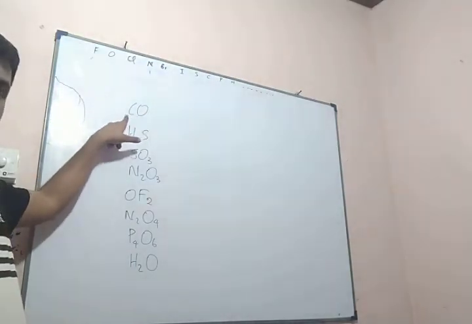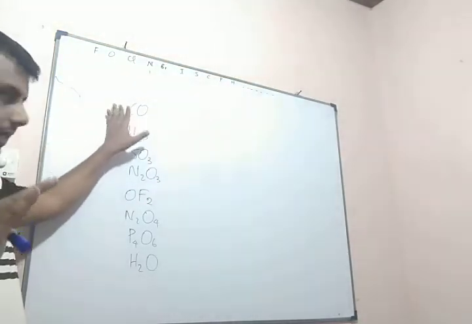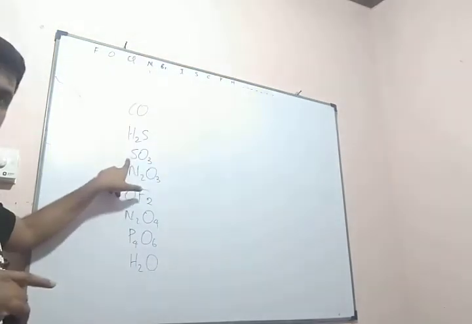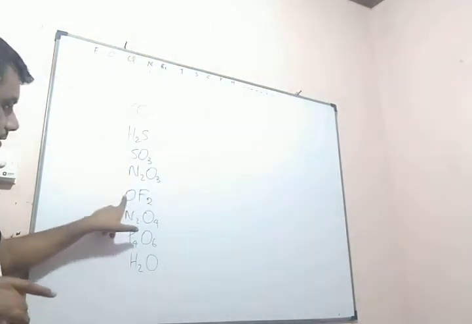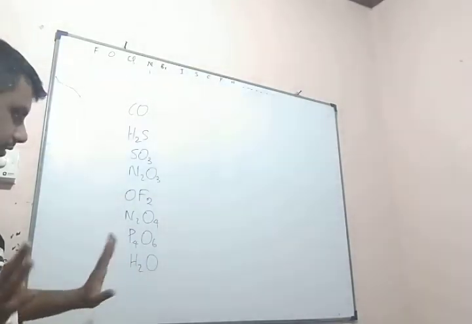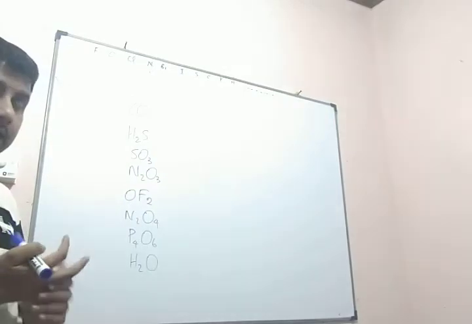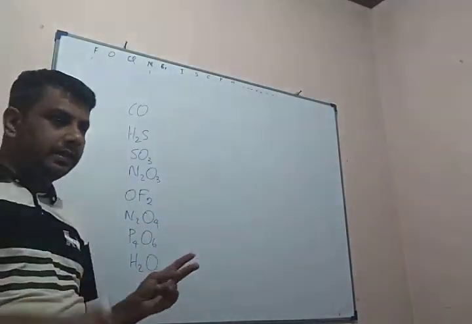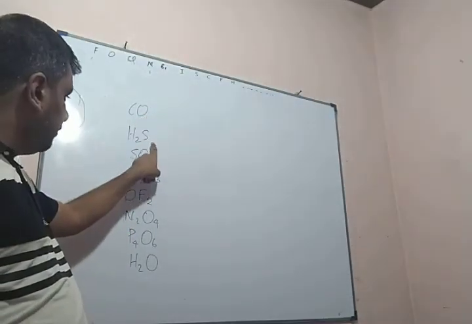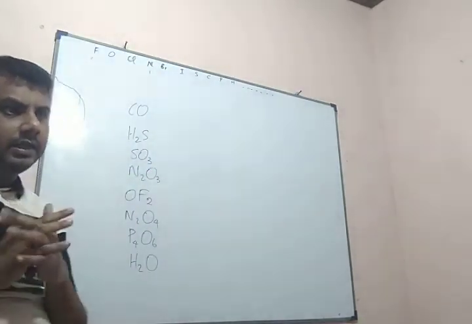So the name of that atom should be the normal element name, carbon. Here, hydrogen, sulfur, nitrogen, oxygen, nitrogen, phosphorus. But the second, electronegative element should be written in the normal way with the ide ending, right? Oxide, sulfide. That's the normal method.